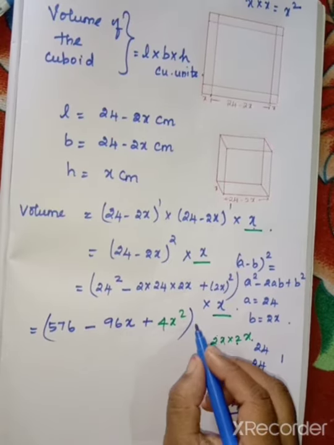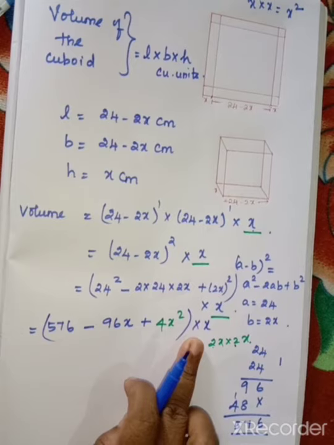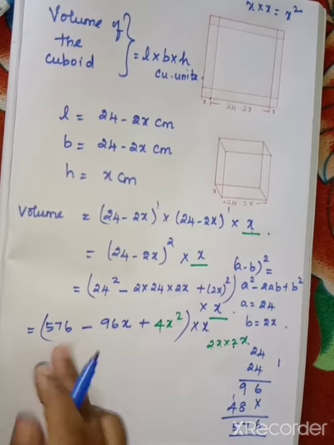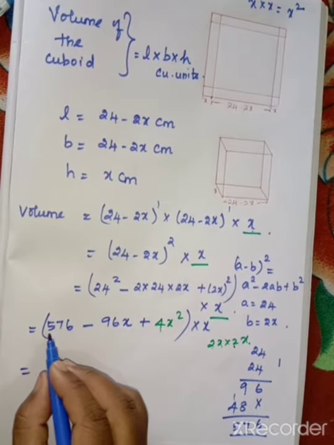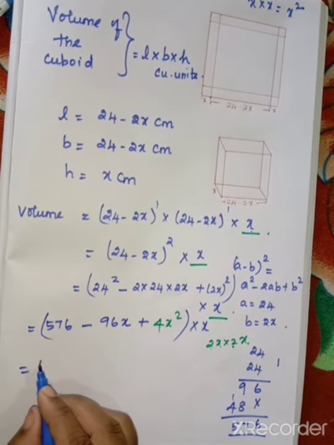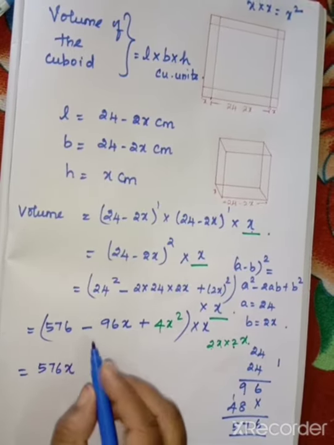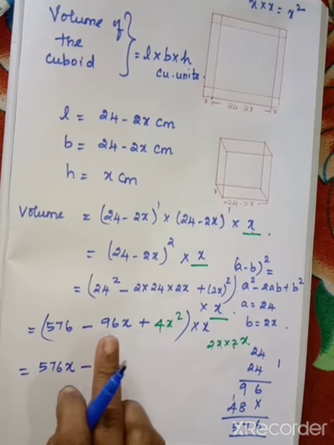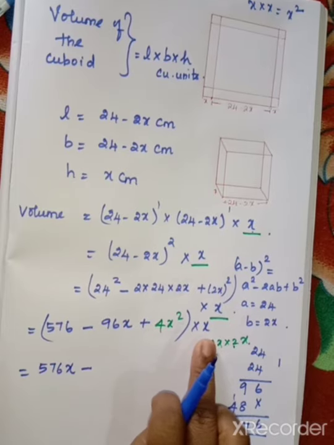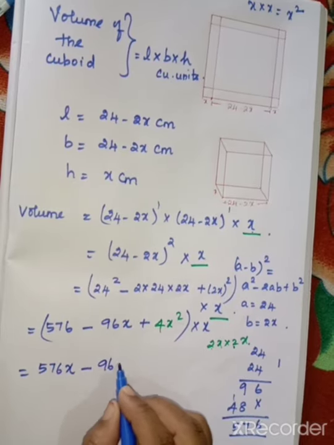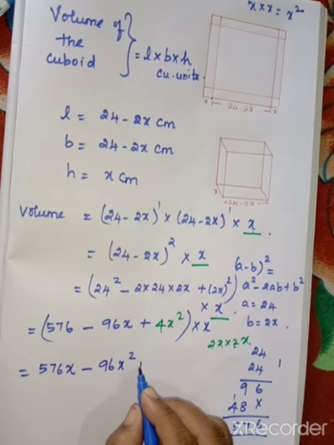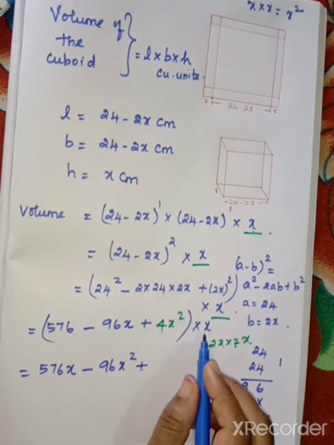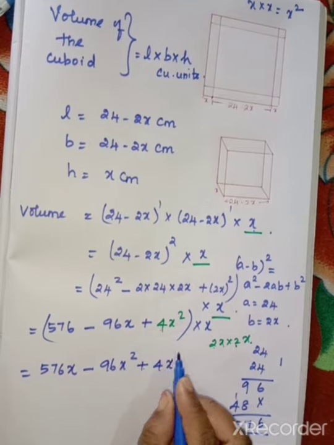So here into x. Now x is multiplied with the 3 terms. So first one is 576 into x, that is 576x minus, because minus into plus is minus, 96x into x. So 96 x squared. Then plus 4 plus into plus 4x squared into x, that is 4x cube.